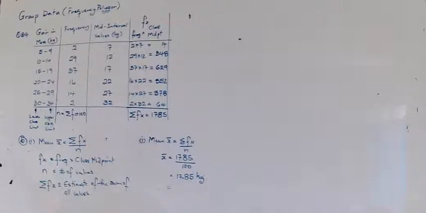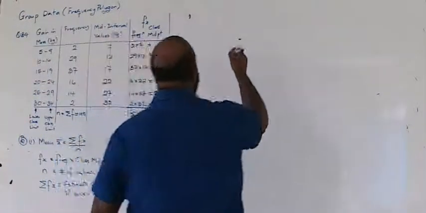Alright, now what we're going to draw next is a frequency polygon. Now, I want you to draw axes and use a scale of 2 centimeters to 5 units on both axes.